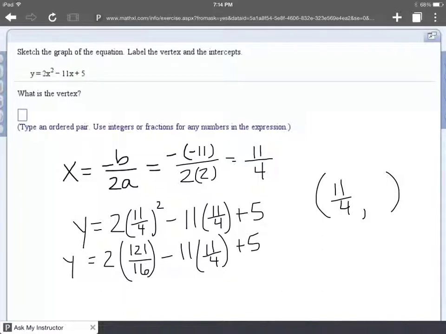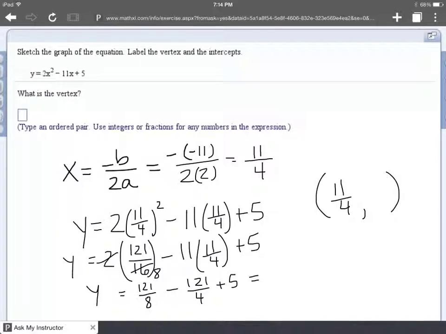So 2 will go into 16 8 times. So that'll save me a little bit of trouble there. I won't have to double my 121 and then simplify anyway. So I have 121 over 8 equals minus 121, because I have 11 times 11 there again, over 4 plus 5.